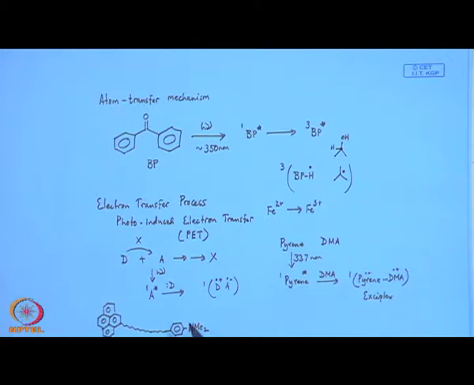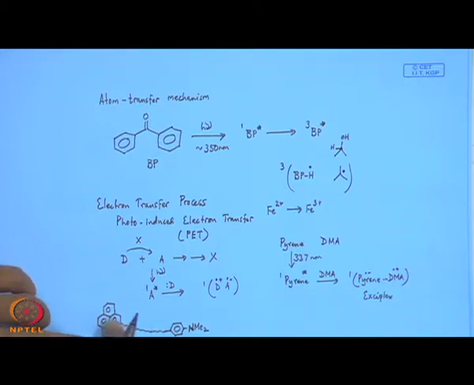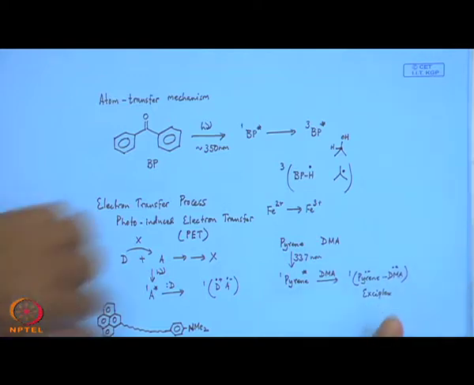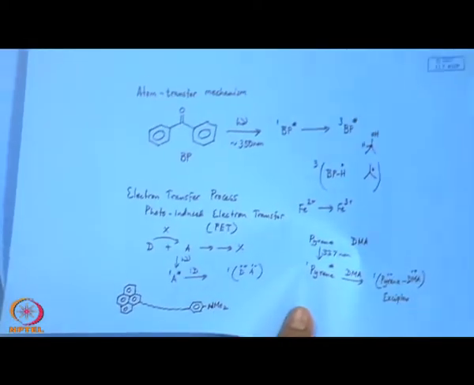This may also be possible: you excite with radiation, it gets excited, then the electron is transferred, and in that case your radical partners are now linked with each other by means of an aliphatic linkage. So this may also be a possibility.